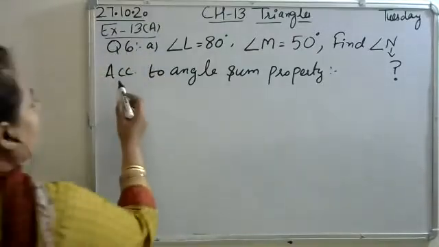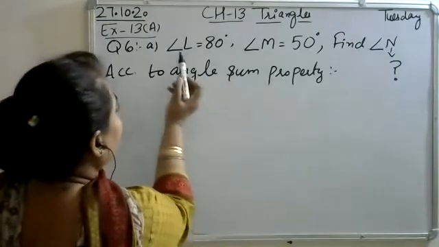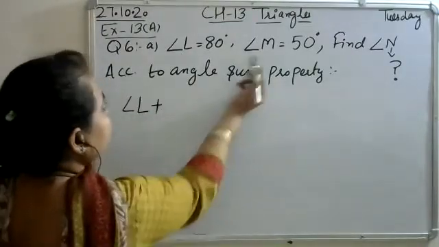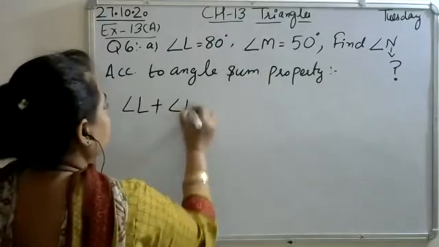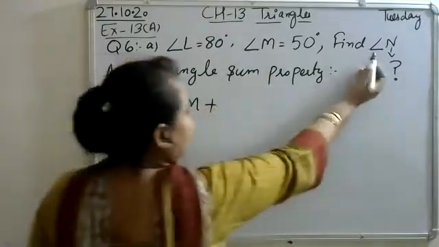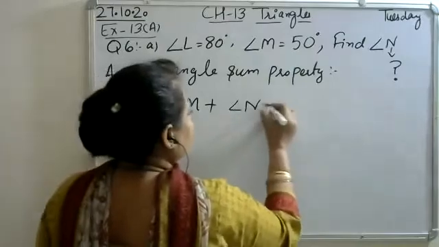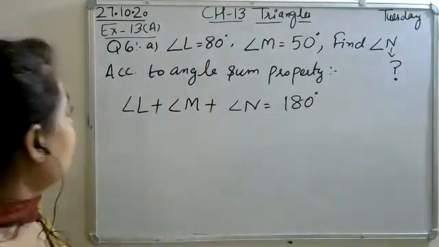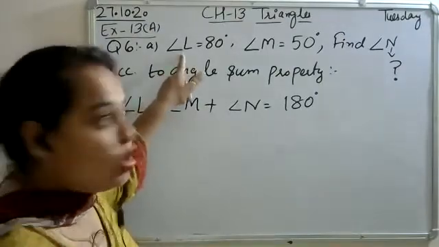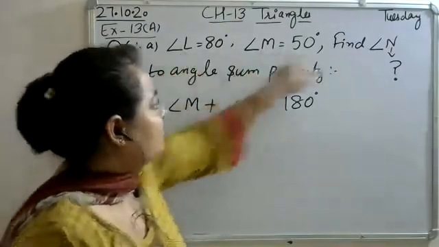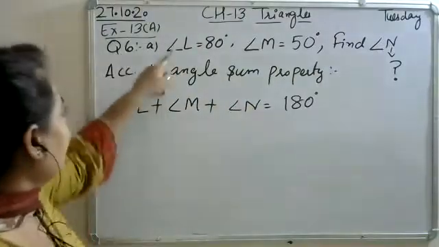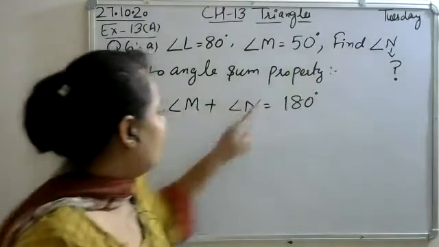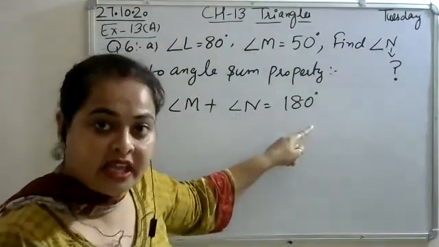Now, according to angle sum property, angle L plus angle M plus angle N is equal to 180 degrees, as the question is based on L, M, N.